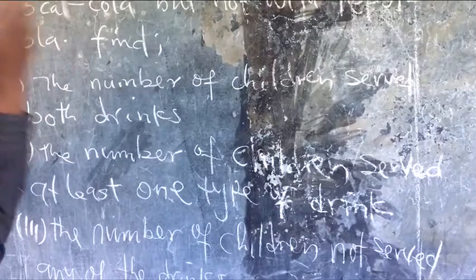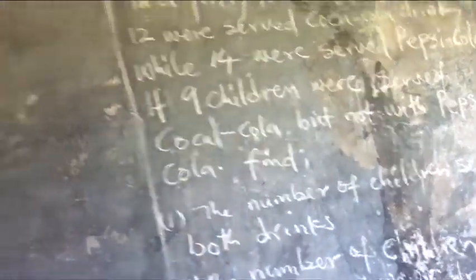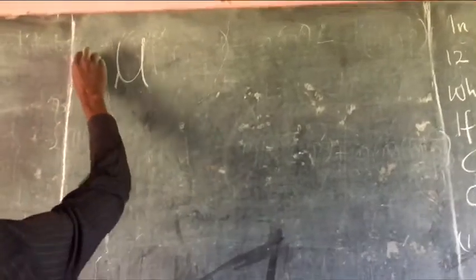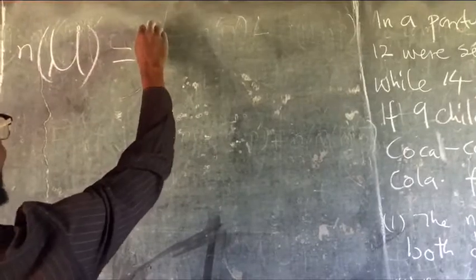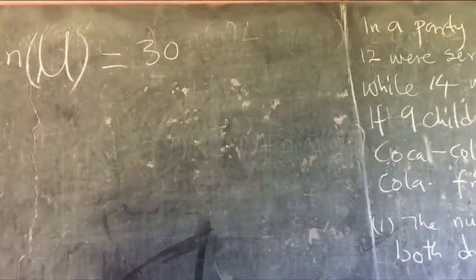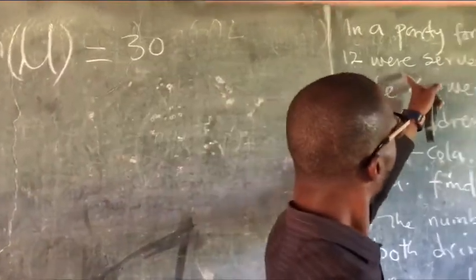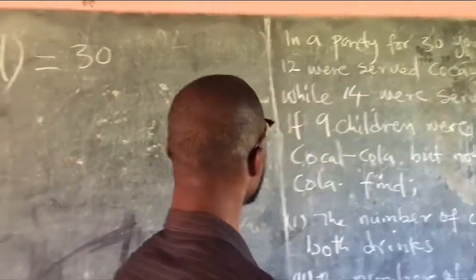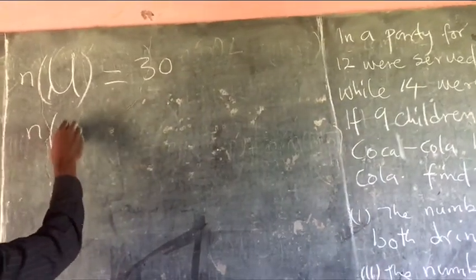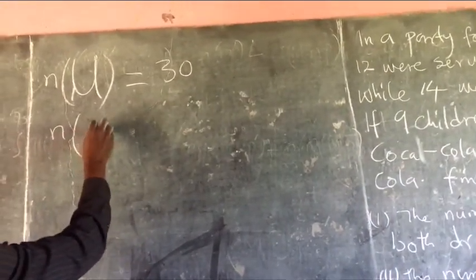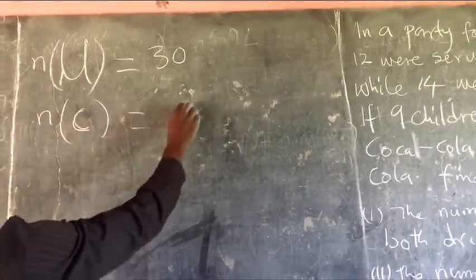Alright, so now I will analyze it here before I start to solve. So my universal set cardinality is 30 children. And then they say children who drink Coke, cardinality of Coke, is 12.